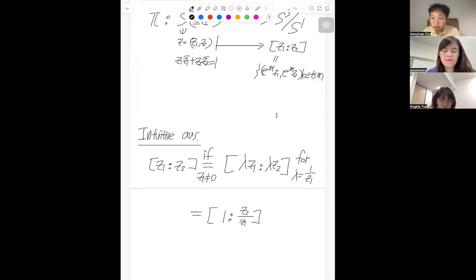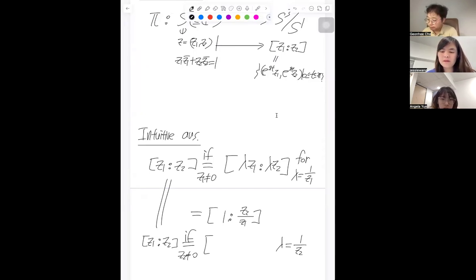On the other hand, if Z2 is non-zero, then let me choose lambda to be 1 over Z2. Then what happened? What's the first component? Z1 over Z2. What about the next? One. Is that okay with you?